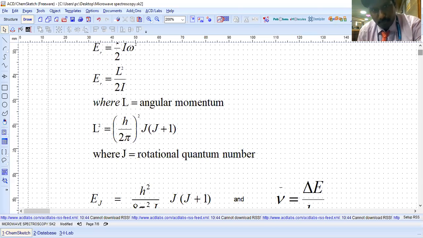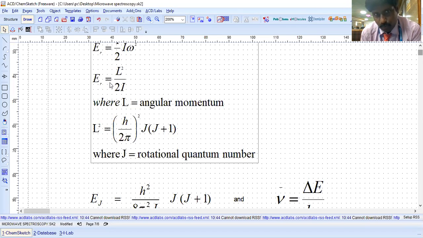Now, what is this L? L is the angular momentum, and L square is an operator, like the Hamiltonian operator in the Schrodinger equation. What is that operator? L square is equal to h square by 4 pi square into j into j plus 1. What is this j? J is the rotational quantum number. Instead of writing L square, we can keep this value in this equation.